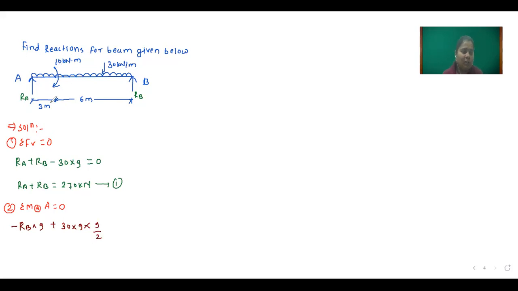Now this third one is a moment, and it is again clockwise. So plus 10.